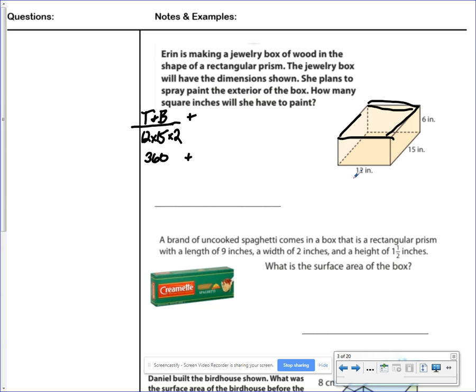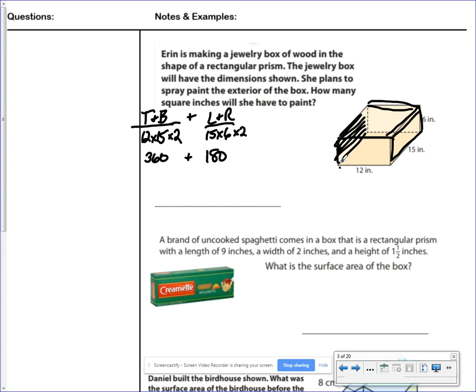All right, so we did top and bottom. Let's do left side and right side. Those are these ones, okay? These guys have dimensions of 15 by 6. Two of those. Crank that out.